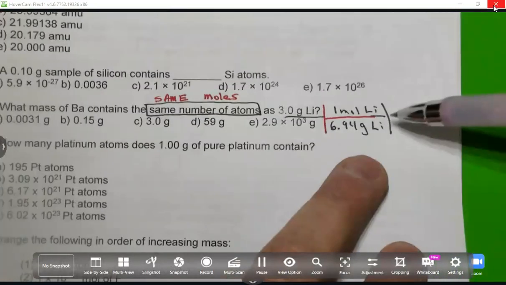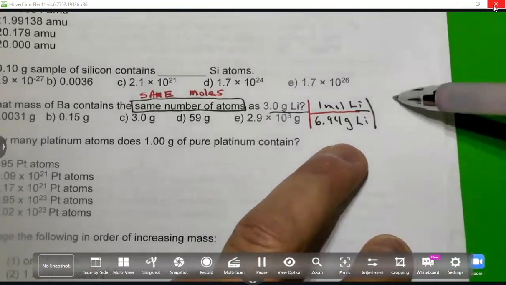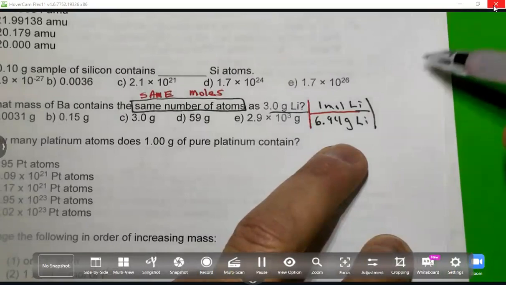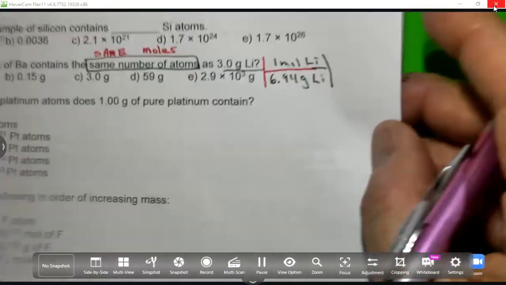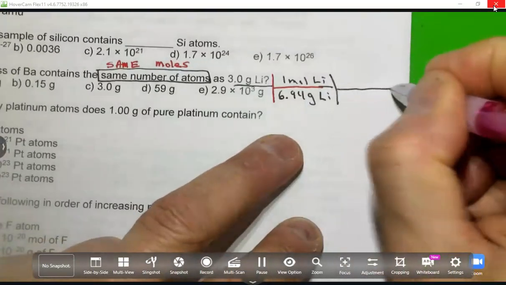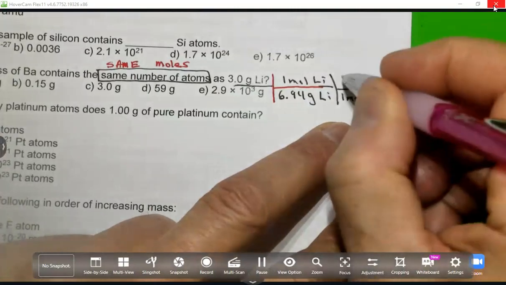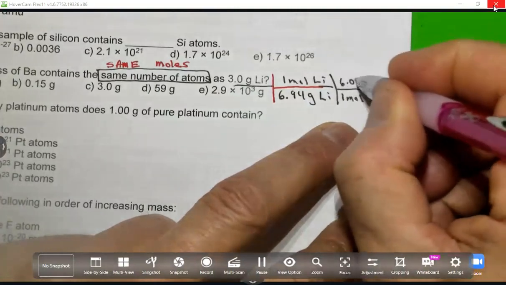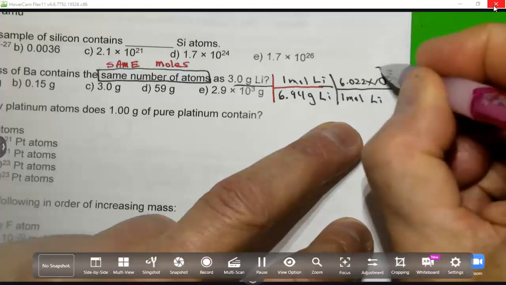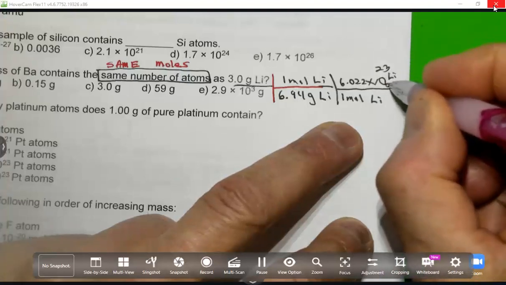Now, we could add the step, 1 mole of atoms, but then we're going to go the opposite. You know what? I'm going to do it the long way. Then 1 mole of lithium is 6.022 times 10 to the 23rd lithium atoms.